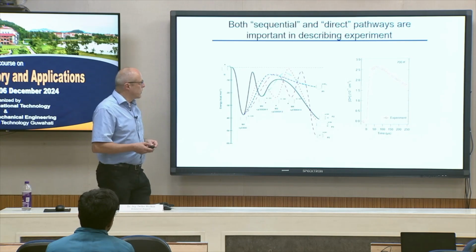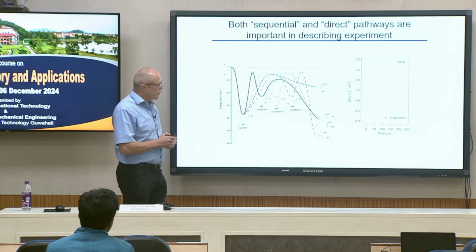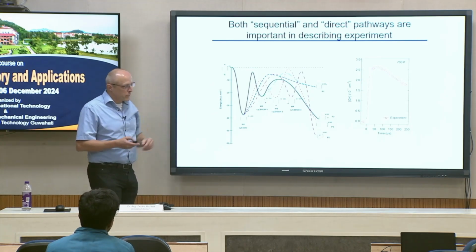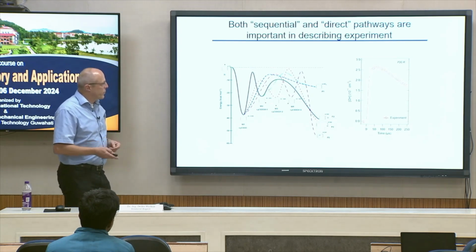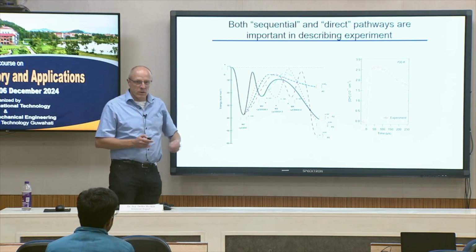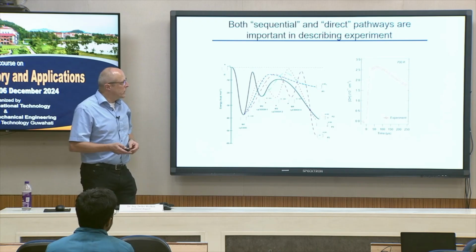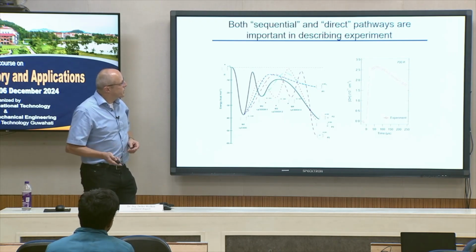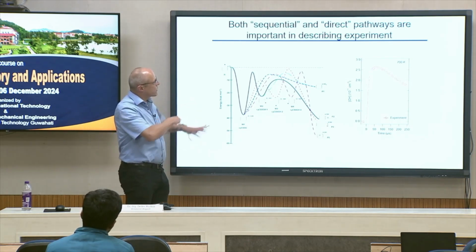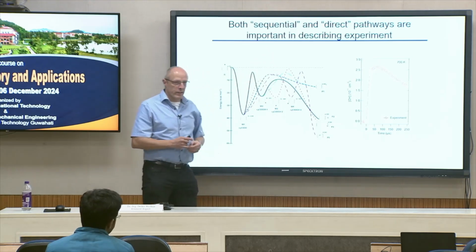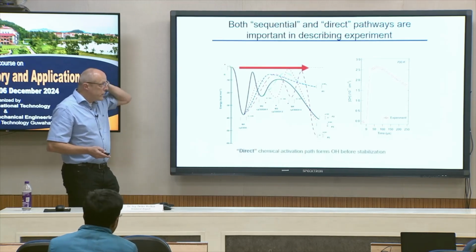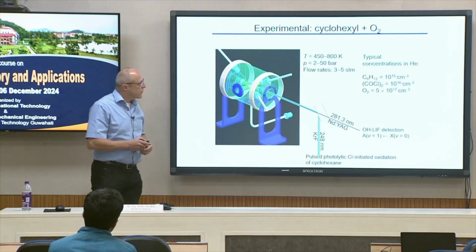Different radicals or stable molecules can be formed, and looking at our experimental results from the former experiment, we get information about the possible pathways we have to consider. But again, it's very important to consider that we also have sequential and direct pathways. It's very sensitive, and we have to consider it in detail.